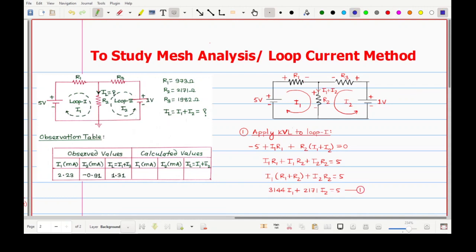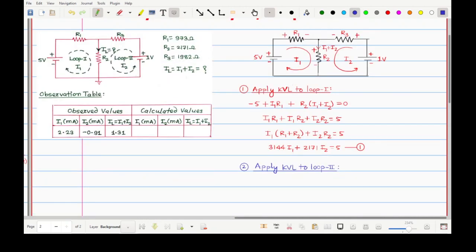Okay, now similarly we have to apply KVL for loop 2. So now we are applying KVL to the second loop. In this loop, which elements are present? 1 volt, R3 and R2. So 1, then R3 and R2.